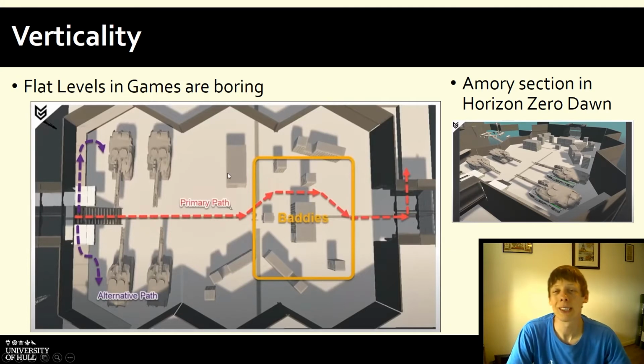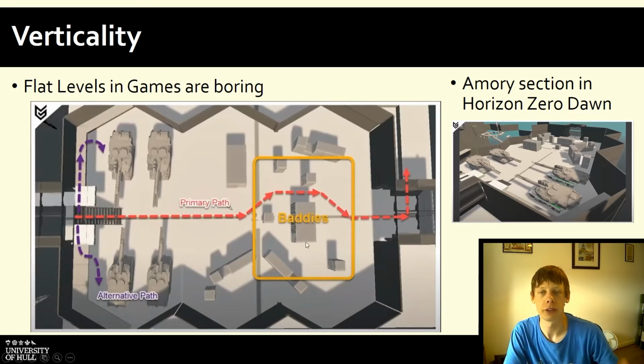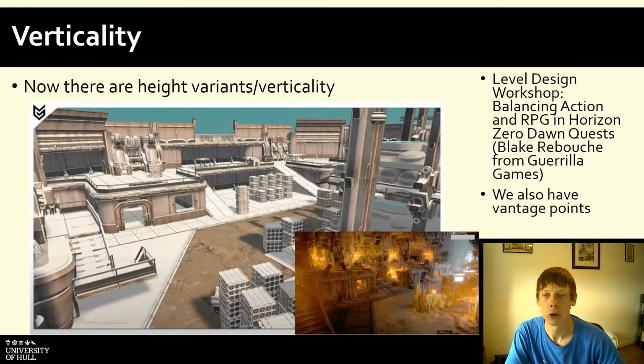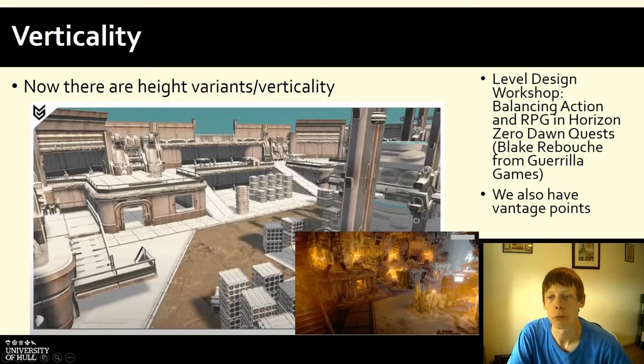But among the many things the designer of this level admits to being an issue was the lack of any kind of verticality. And so later on in the talk, they showed that same section, but much more improved. You may recognise this section if you've played the game.